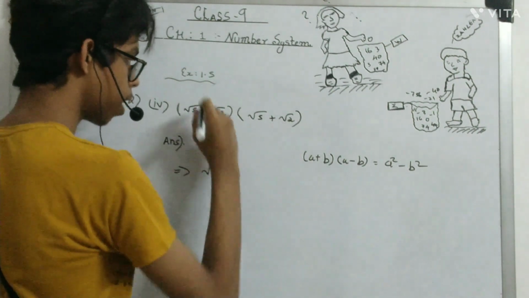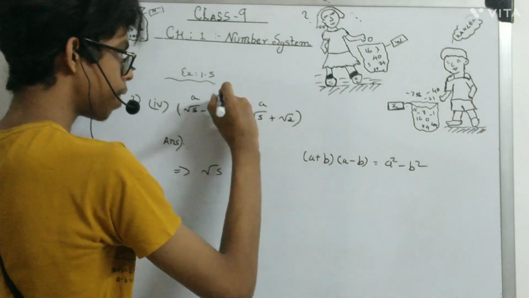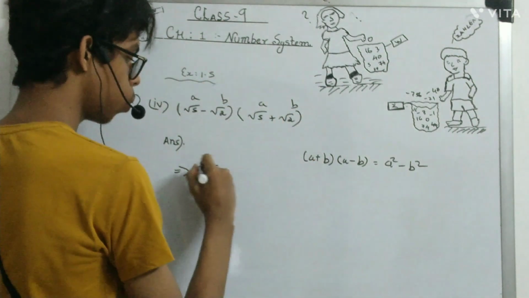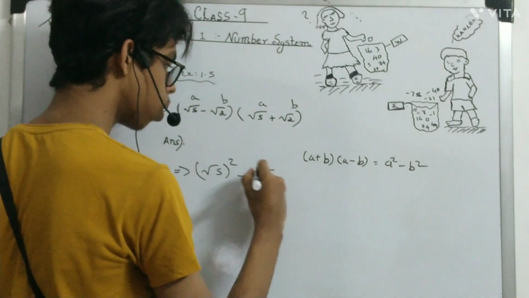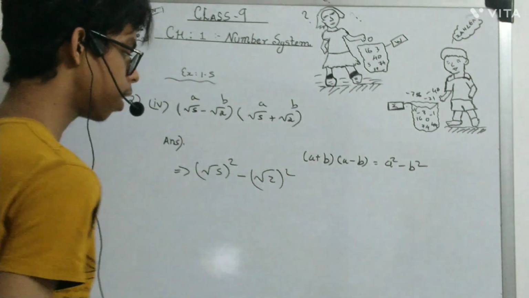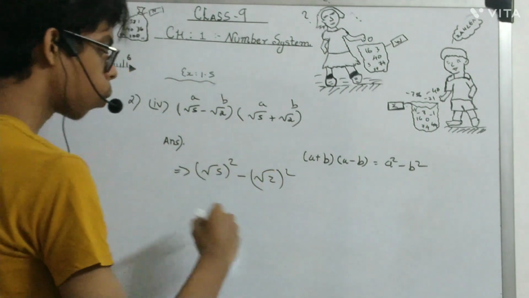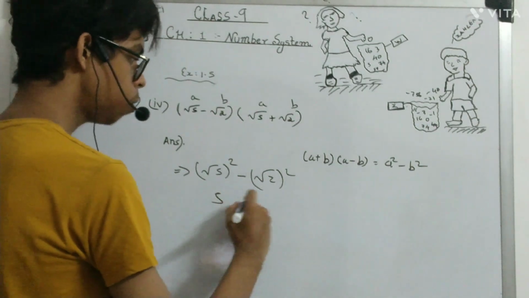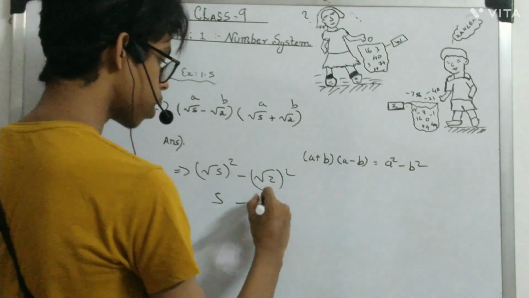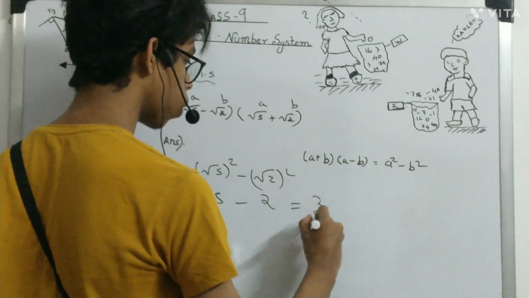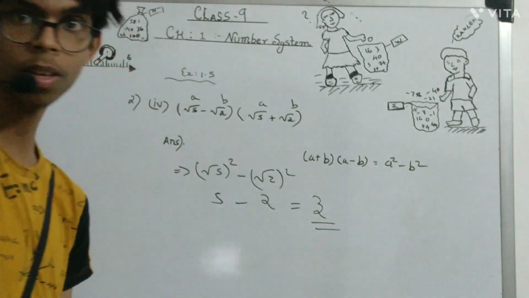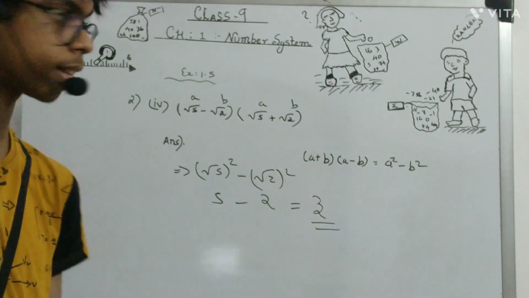I will take root 5 as a and root 2 as b. So a square, root 5 the whole square, minus root 2 the whole square. Root 5 the whole square is simply 5, minus root 2 the whole square is simply 2, and we know 5 minus 2 is 3. So this is your final answer.